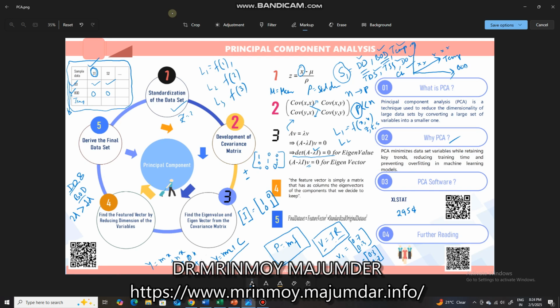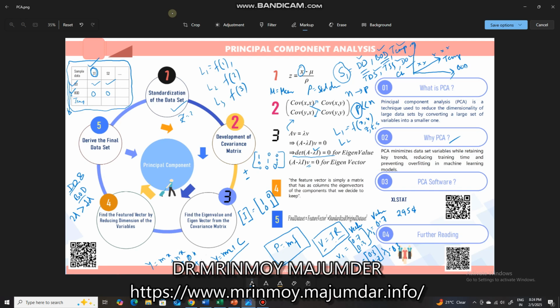It is just an assumption or approximation. It will also give lambda 1, which can be 0.7, and lambda 2, which can be 0.3. That is just arbitrarily taken. But this is the eigenvalue, and this is the eigenvector. One will give you the direction, the other will give you the value.